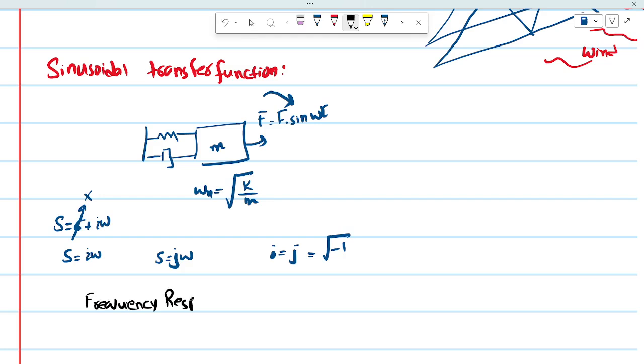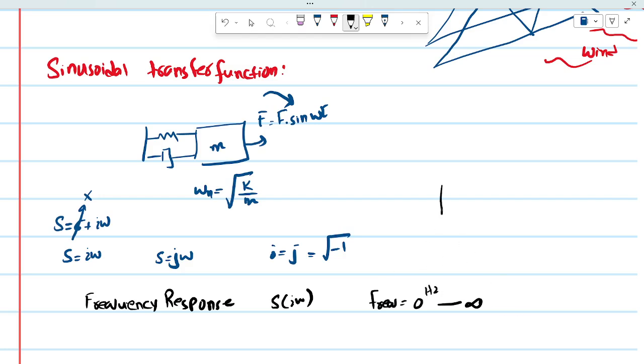It refers to the steady state response of a system to a sinusoidal input, and it includes all frequencies. We derive a sinusoidal transfer function and study it for frequencies from 0 to infinity hertz.